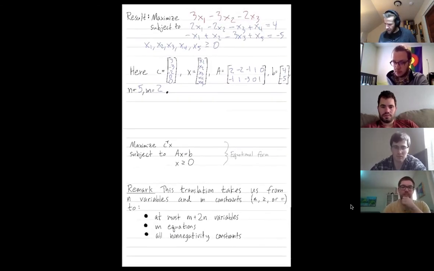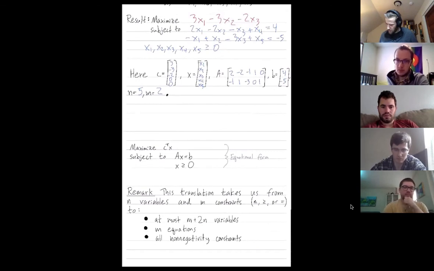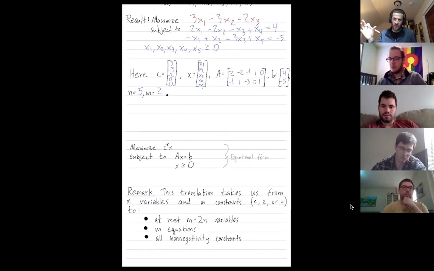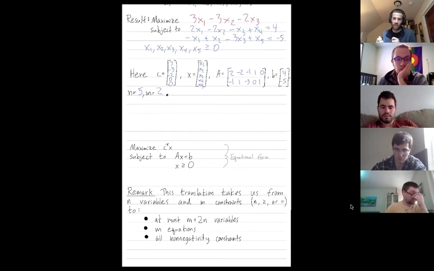You always end up with at most m plus 2n variables. So we originally had n variables. Those all stick around. You get an additional n because any variable like x1 up above, which wasn't bounded to be non-negative, can give you x1 prime and x1 double prime, okay? So from our n variables, we can get an additional n coming from this non-negativity.